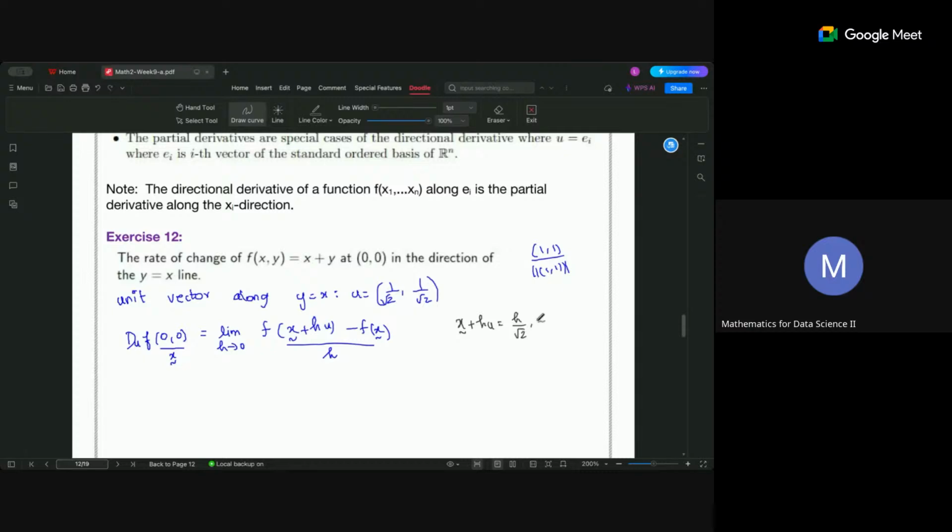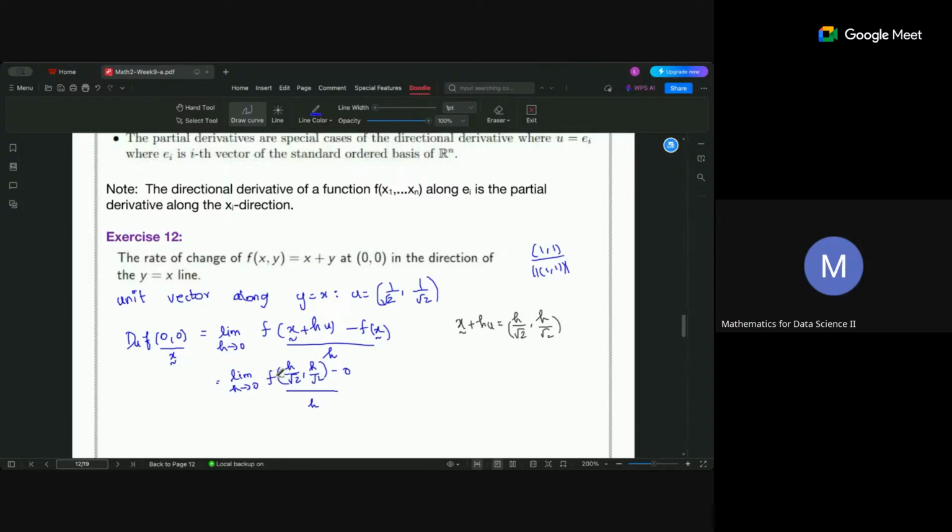It's simply (h by root 2, h by root 2), because this part is (0, 0). So limit h goes to 0 of f of (h by root 2, h by root 2) minus f of (0, 0). What is f of (0, 0)? 0. Whole divided by h.